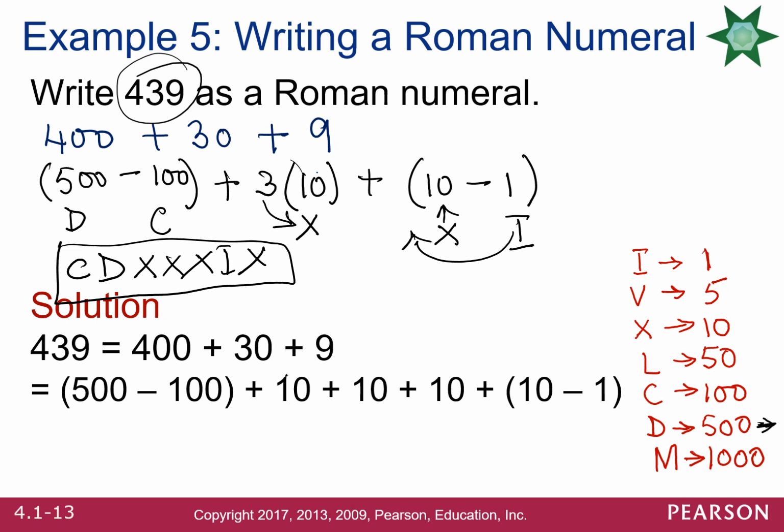And then there are 3 tens, so 10 plus 10 plus 10, and 9 also they have written in terms of 10 and 1. So now they have plugged in the values: CD, X, X, X, I, X. All right, exactly what we did here.